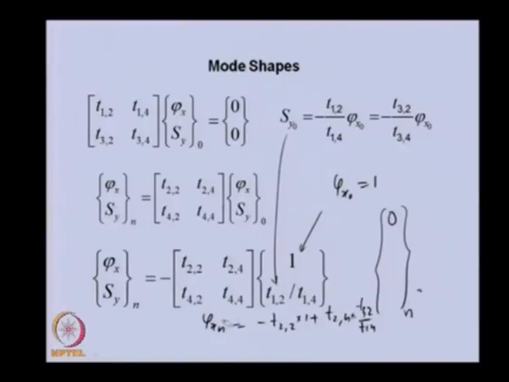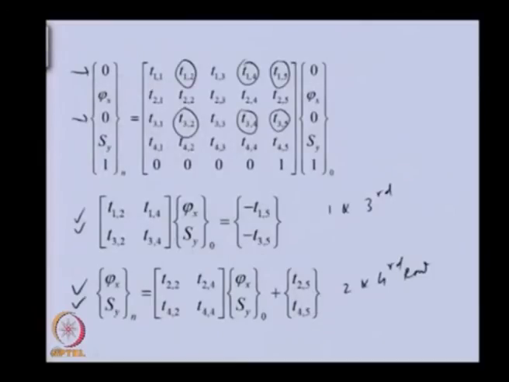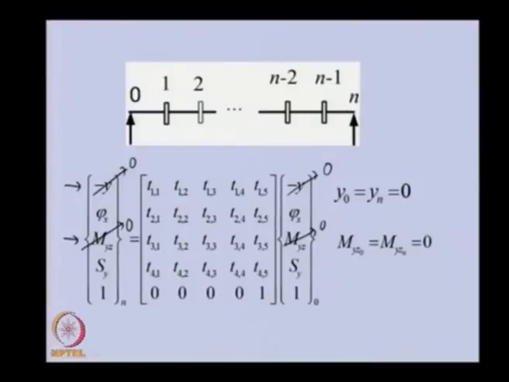So you can see that we know this vector here. So this will be substituted in the second place. Then the third place is for bending moment, that is 0 for simply supported case, because the nth disk we have already seen has these boundary conditions.